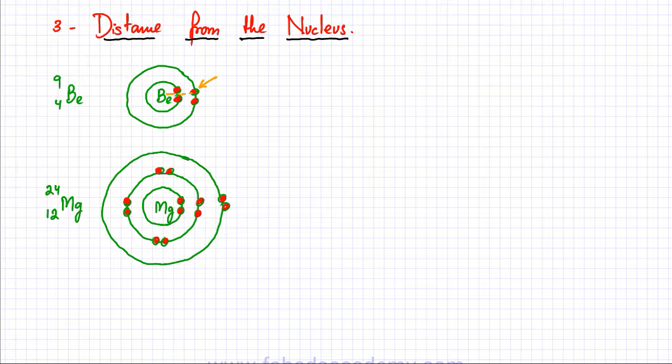So it has less distance, and since it has less distance, it would be easier to remove this electron.